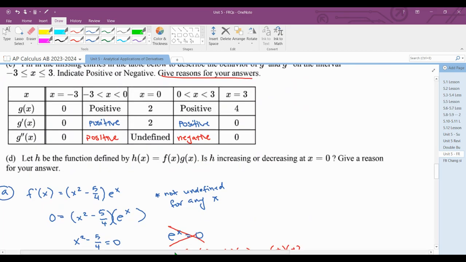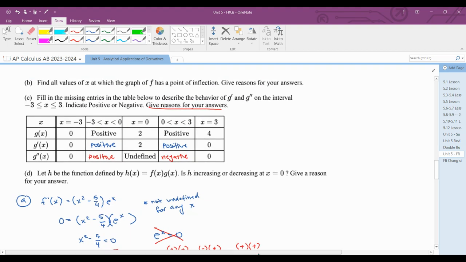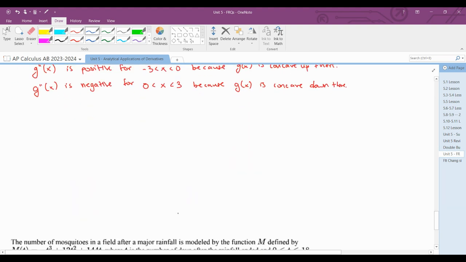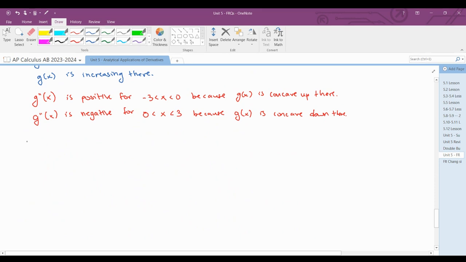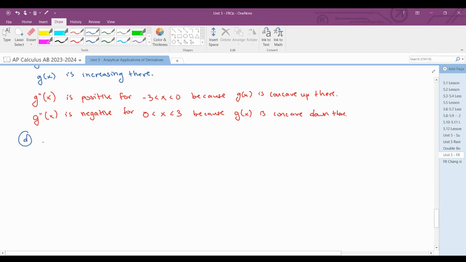So D, it says let h be the function defined by f of x times g of x. Is h increasing or decreasing at x equals 0? And then give your reason. So let's think about this. So h of x is equal to f of x times g of x.